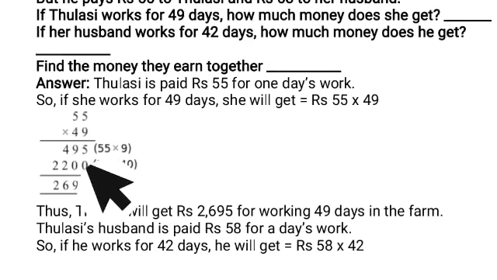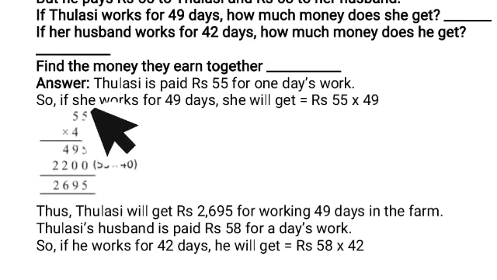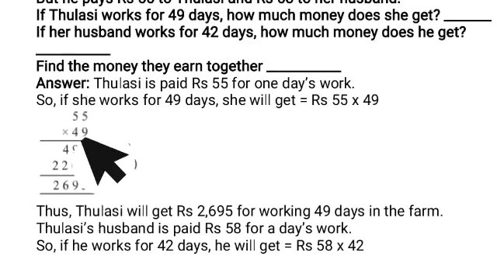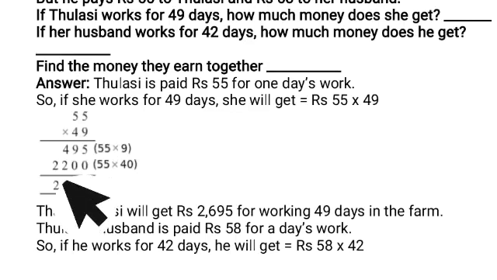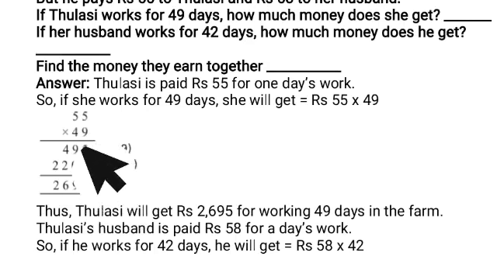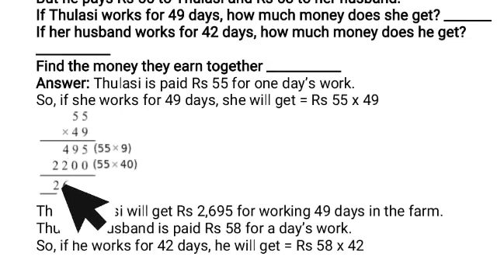Then 1 0 we will keep here. 4 multiply 5 means 20, 2 we will keep as carry here. 4 multiply 5 is 20 plus 2 means 22. So when we add this, 5 plus 0 is 5, 9 plus 0 is 9, 4 plus 2 is 6 and 2 is as it is 2. So if Thulasi works for 49 days, she will earn how much money?